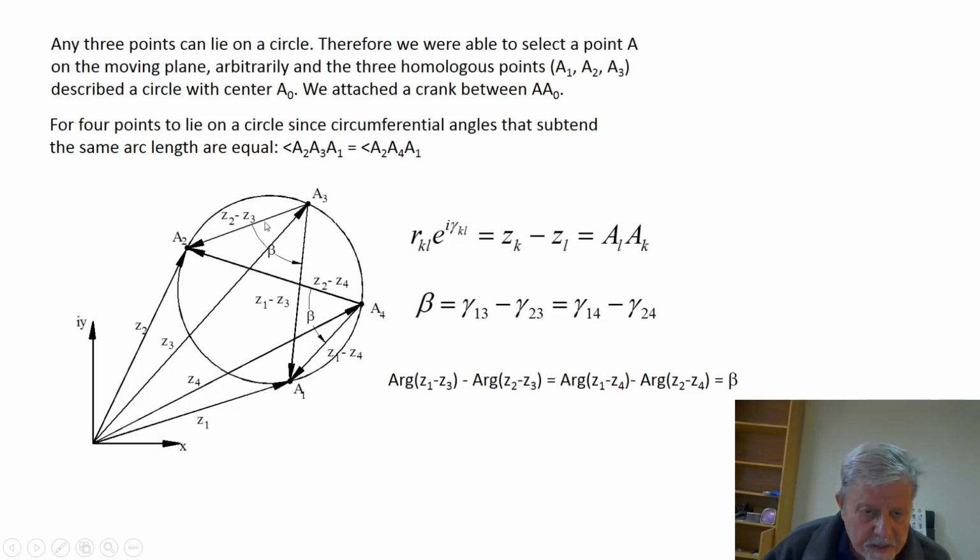Now, this angle beta is the angle Z1 minus Z3 makes with respect to the horizontal, minus the angle Z2 minus Z3 makes with respect to the horizontal.